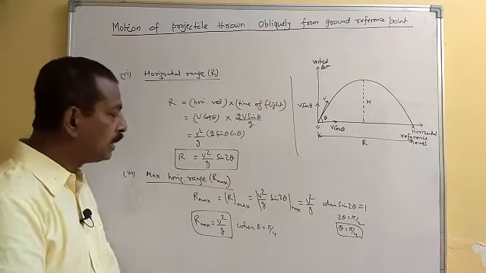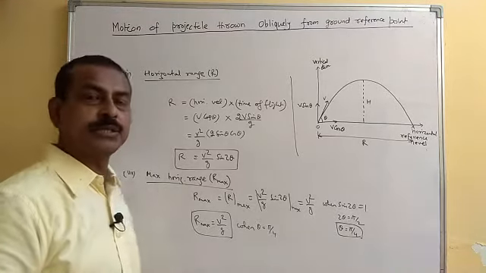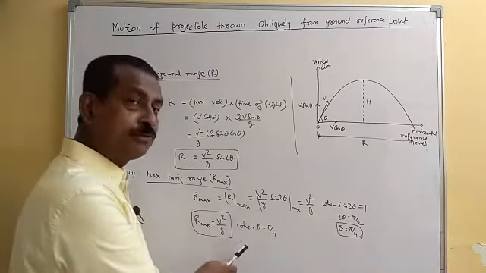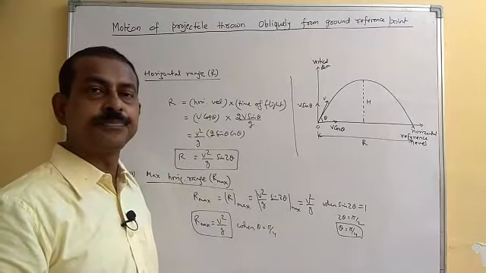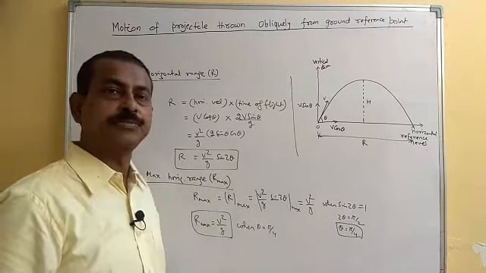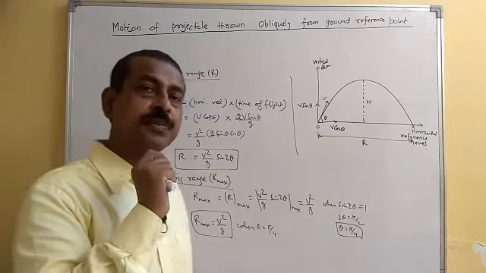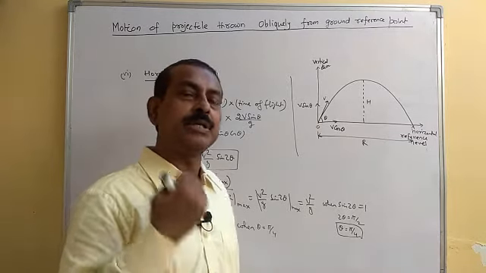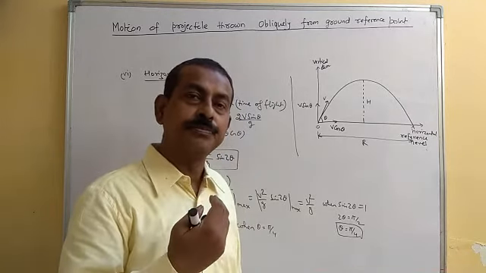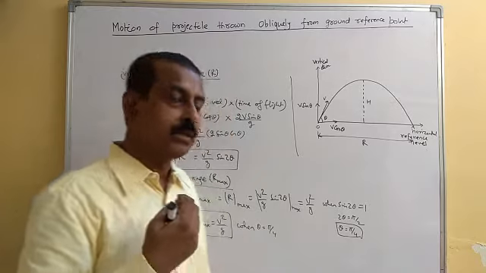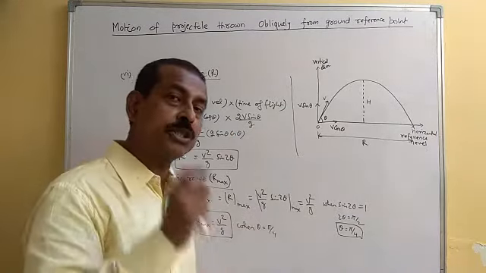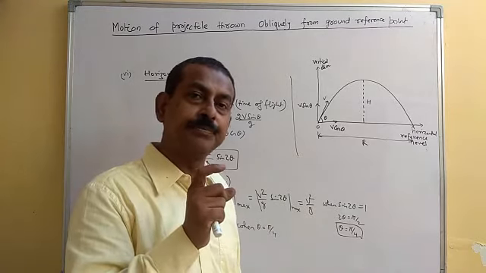So remember, for maximum horizontal range, the body must be projected at an angle of 45 degrees with the horizontal. Then it will give you the maximum horizontal range. But there is a catch. When we say it is the maximum horizontal distance that can be attained, that is v square by g, and for that the angle of projection should be 45 degrees.